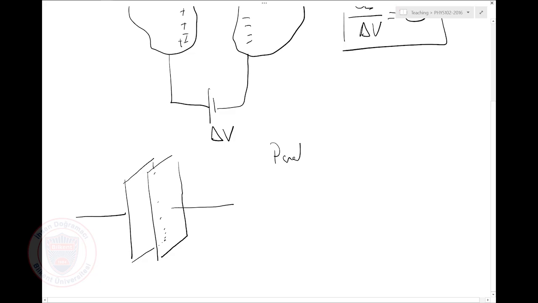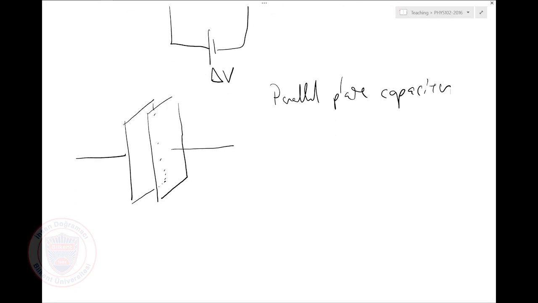Good. One important example we have actually solved was the parallel plate capacitor. The capacitance of that was always proportional to epsilon 0, which has units of farads per meter.